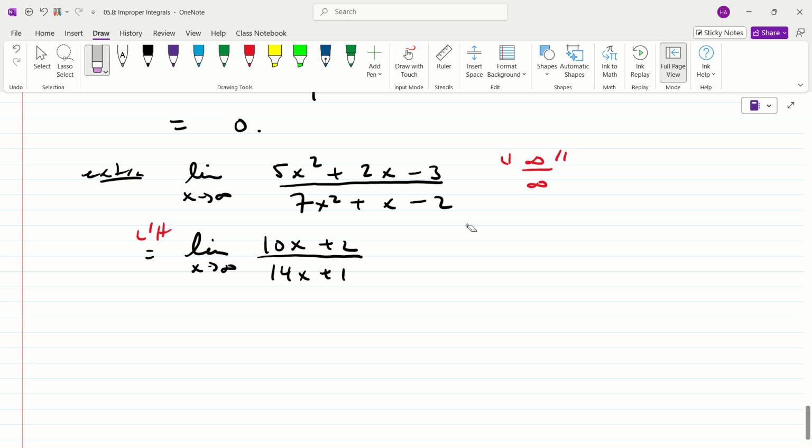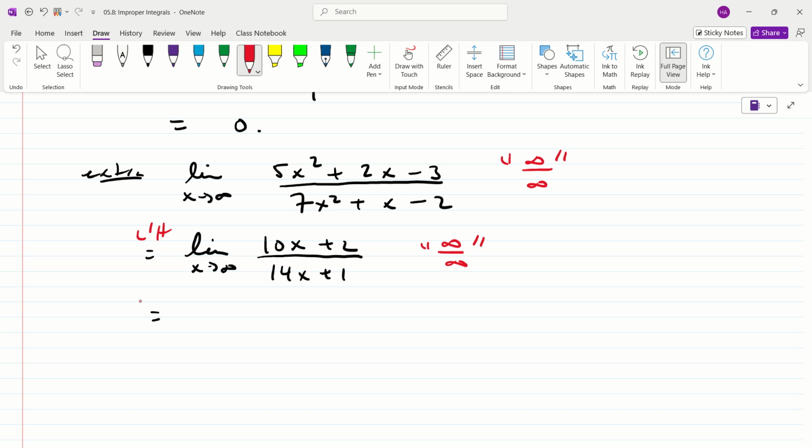Cool. Are we better off than where we were? Can we evaluate this expression at infinity? Well, again, if you plug in large positive numbers to the top, you're going to get infinity. If you plug in large positive numbers in the bottom, you're going to get infinity. So we have another indeterminate form.